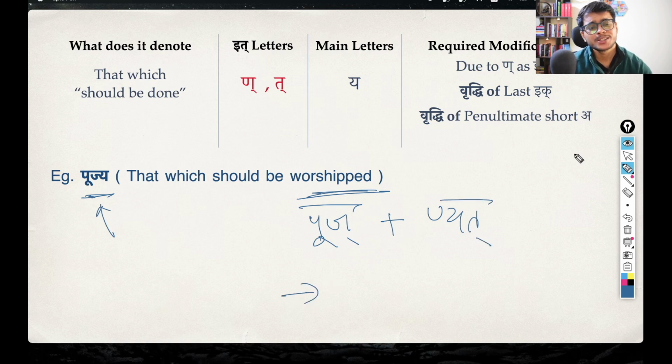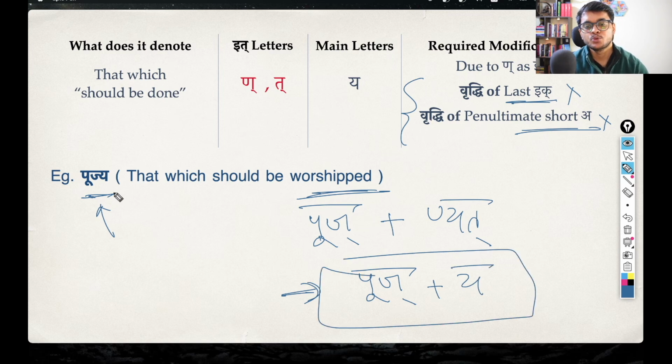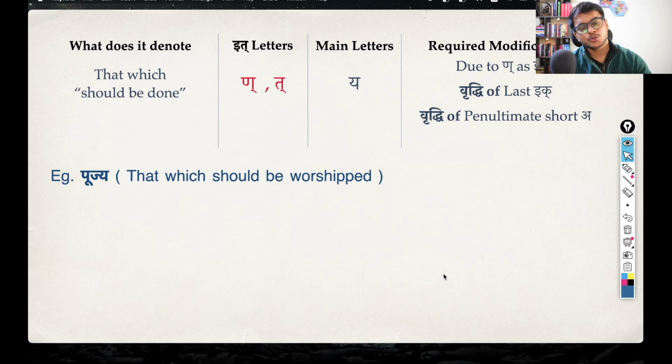Again, no modification is possible because it is not ending with the last ik and it does not have a penultimate short a. So since no modification is possible, this puj will remain like this. From nyat, we get ya and we simply combine them together. So pujya. And we very commonly use this pratipadika for people who are worthy of worship, who are worthy of respect. Because pujya, that which should be worshipped. Okay, I hope so far so clear.